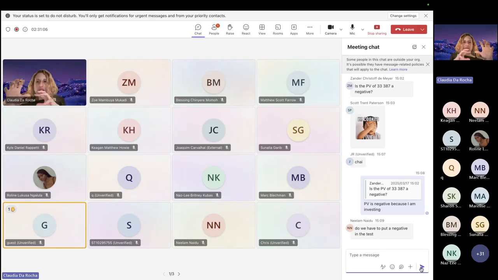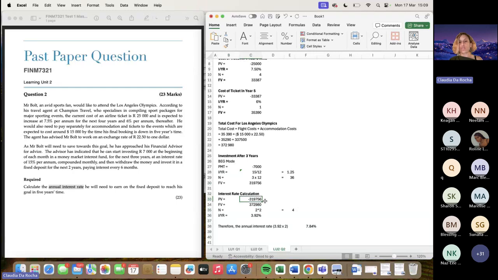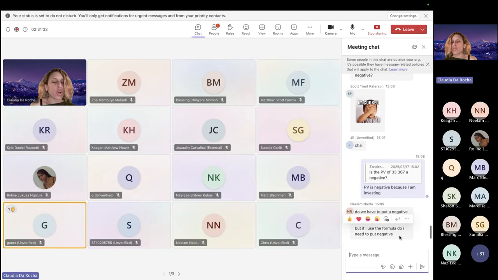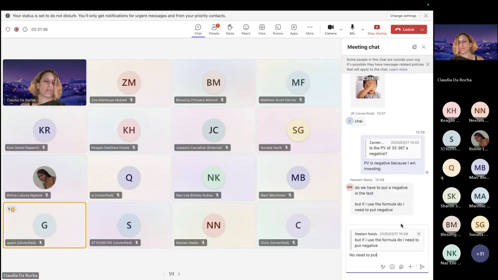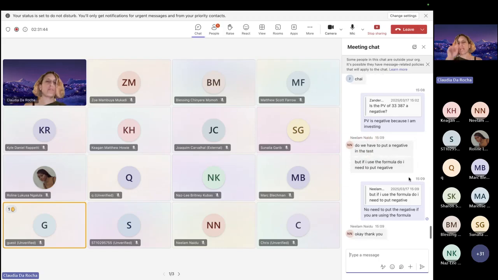If it's just present value that you're putting in and you're computing a future value, you don't need to say negative. But if you've got both and you're computing interest, like in this last part, I have to show the negative, otherwise it's going to give you errors. If you're using a formula, no, you don't have to. But if you're doing a financial calculator, yes.